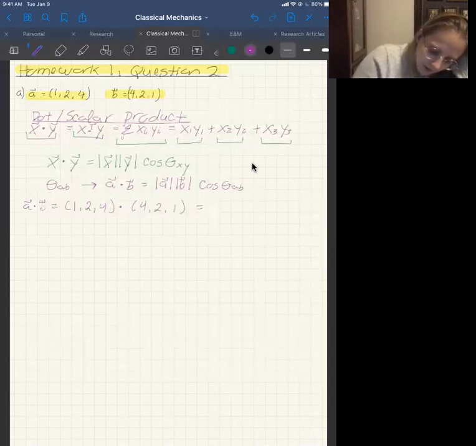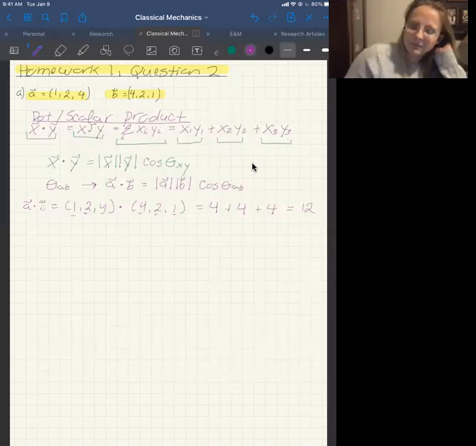So that is equal to 1 times 4, which is 4, plus 2 times 2, which is 4, plus 4 times 1, which is 4. So the dot product there is 4 plus 4 plus 4, which is 12.